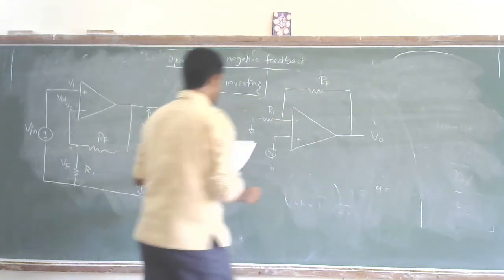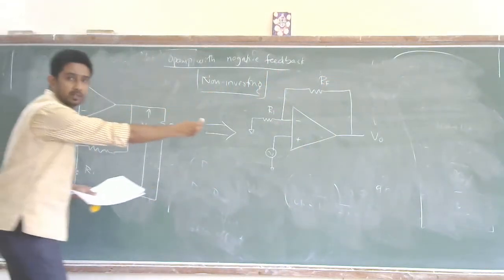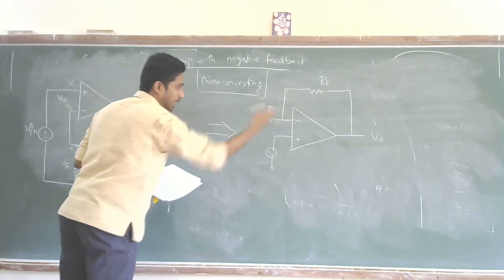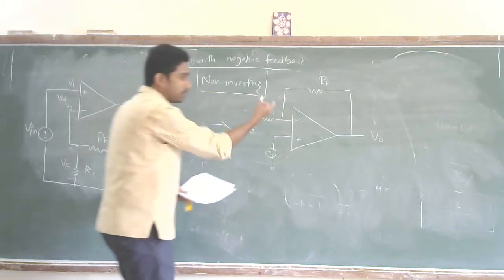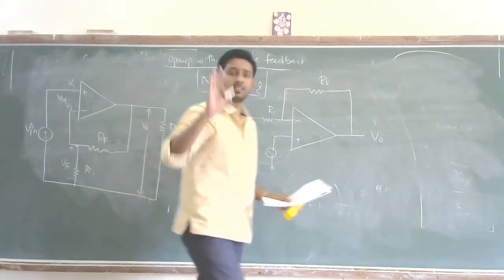Can you just see over here? This circuit on the extreme right side, and this circuit on the extreme left side. So this is the same circuit which you have learned in your basic electronics course.